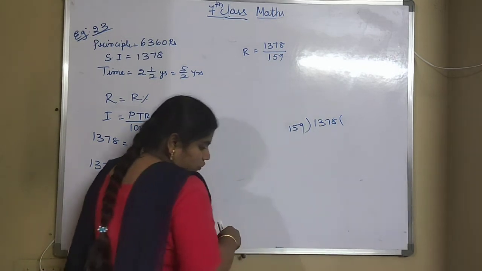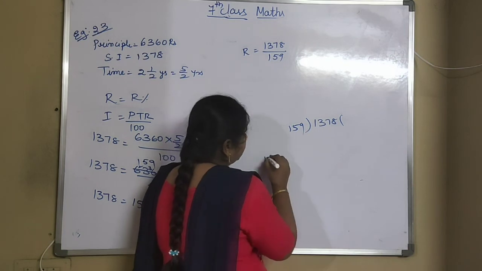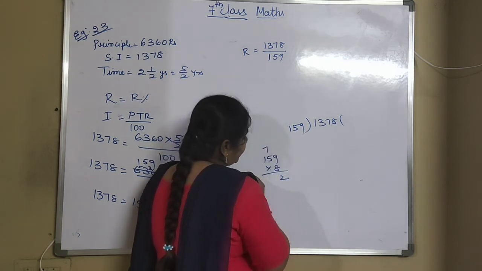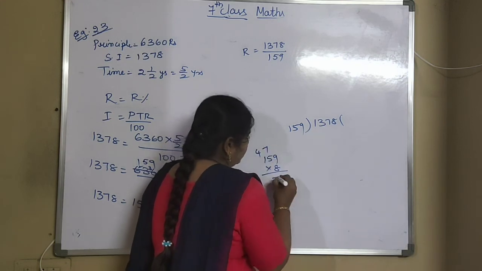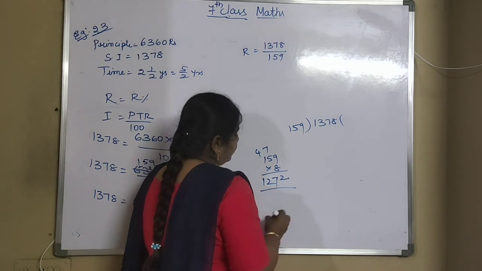So how many times can you take here? We will take it as 8 times. 8 9s are 72, 8 5s are 40, 47, 8 1s are 8. So it will be 1272.